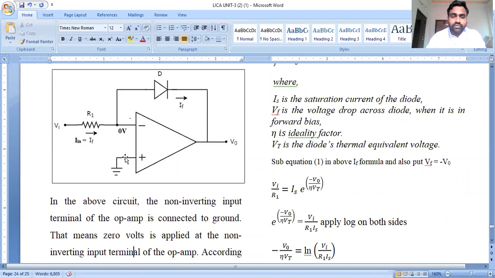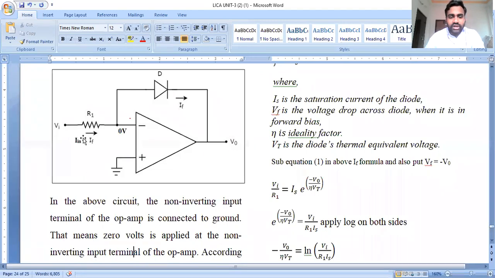In the aspect of virtual grounding, the terminal voltage of the non-inverting terminal, V2, is 0 since it is grounded. If V2 is equal to 0, the voltage V1 at the inverting terminal node, the virtual ground, is also 0, so the input current will start flowing in this feedback loop.